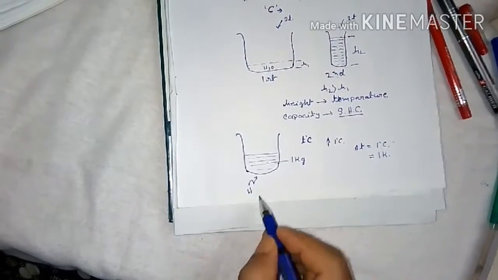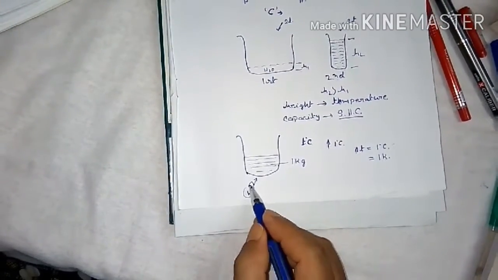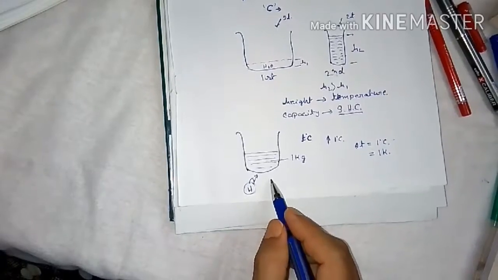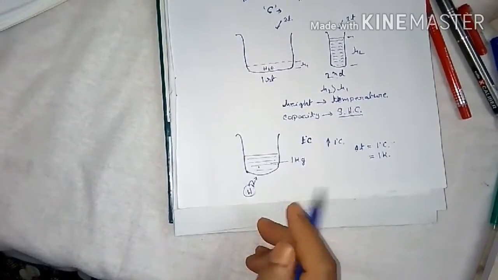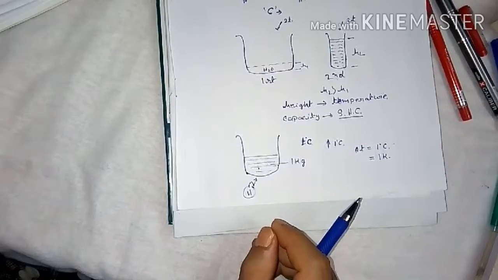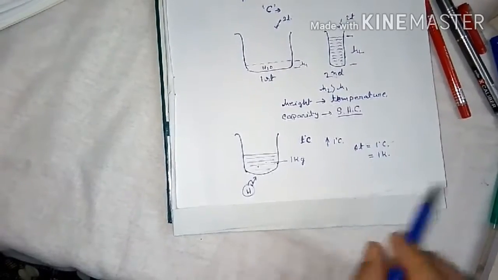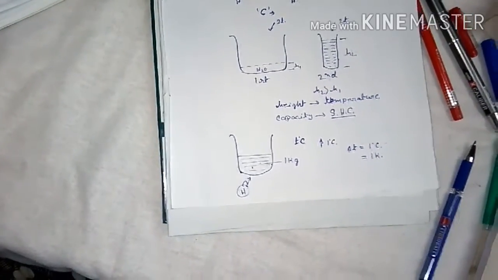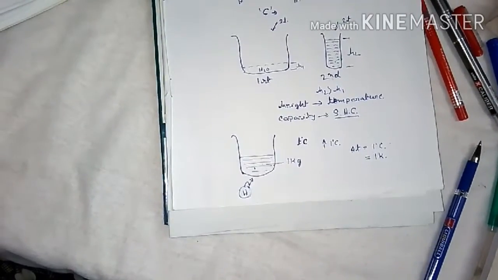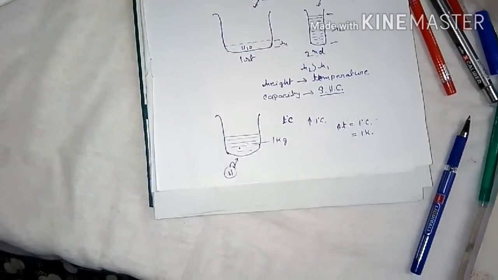Now this amount of heat energy is known as the specific heat capacity of this material. So this is how we can define specific heat capacity.